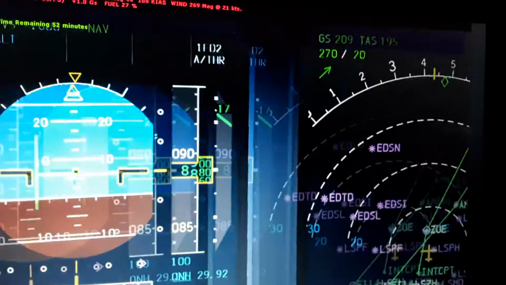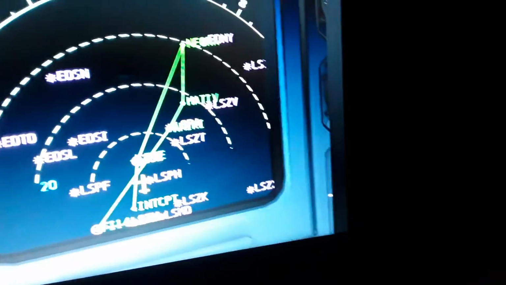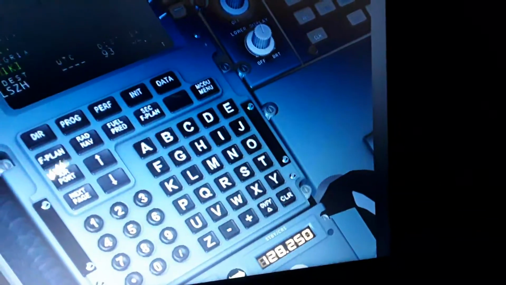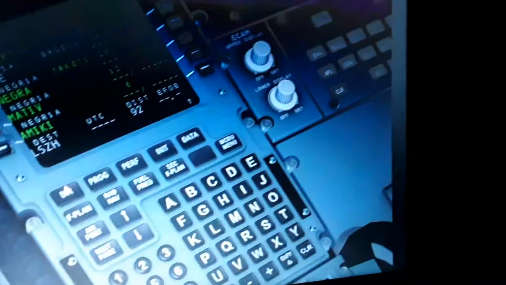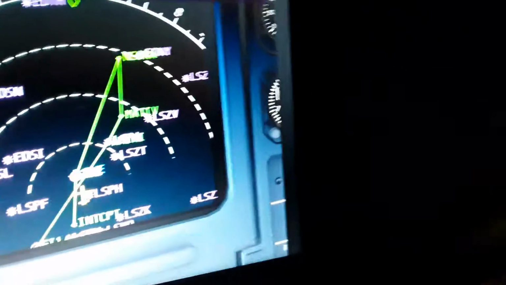You can see we're heading to the first waypoint right now. Over here, the Zui, and after that, maybe we can have it here in the flat plan. We have all the waypoints with the altitude and airspeed constraints, as you can see.